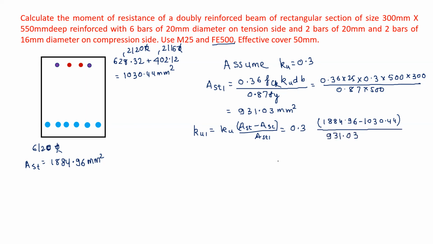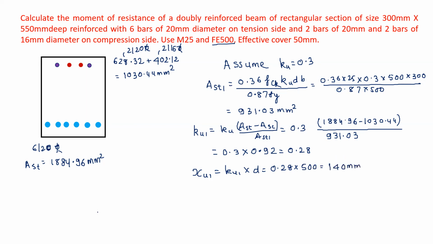From this we get Ku1 equal to 0.3 into 0.92, and that is equal to 0.28. Knowing Ku1, for our first trial Xu1 is equal to Ku1 into D. Ku1 is 0.28, D is 500, and we get a value of 140 millimeter.